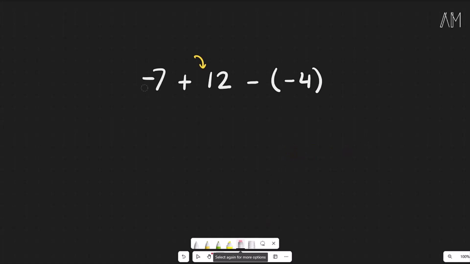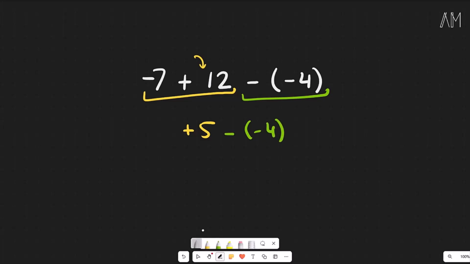Very good. So the result of adding these two numbers is positive 5, and the rest I will write as it is here, minus negative 4. And here we have subtraction, so let's apply keep change change. It will become positive 5 plus positive 4, and in this case will be equal to positive 9. And that's how we do it.